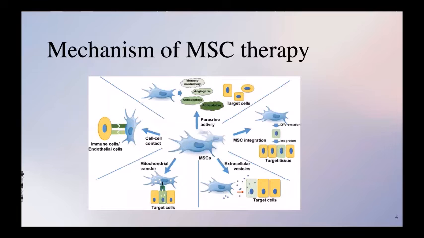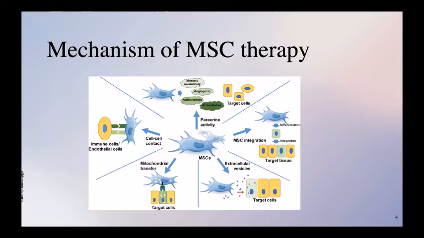We will now take a look at the mechanism of mesenchymal stem cells therapy. It is important to note that this procedure is considered as an alternative to standard medical therapy and supplementary surgical procedures. The major mechanism for mesenchymal stem cells therapy is the paracrine function.